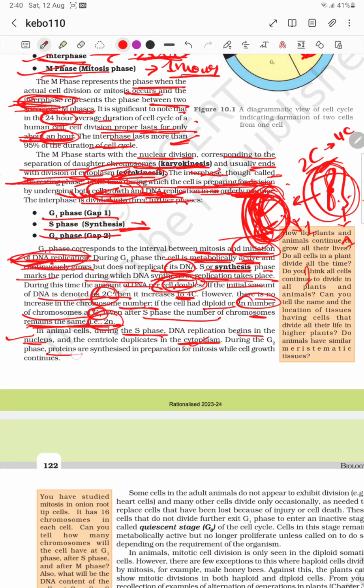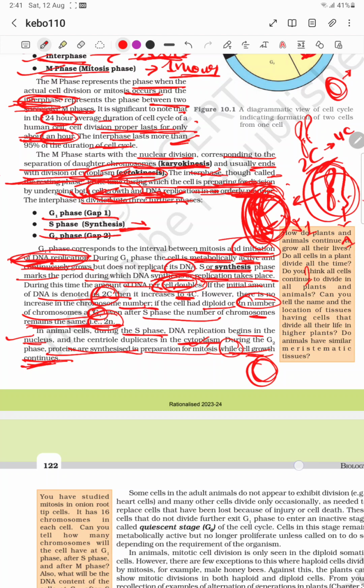During the G2 phase, proteins are synthesized in preparation for mitosis, while cell growth continues. Now, as we can see that amount of DNA is doubled, we need the cell to grow. So, in G2 phase, cell growth occurs, and also there are some proteins which are needed during mitosis, which are synthesized in G2 phase.